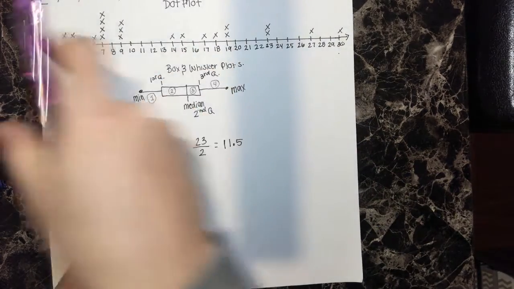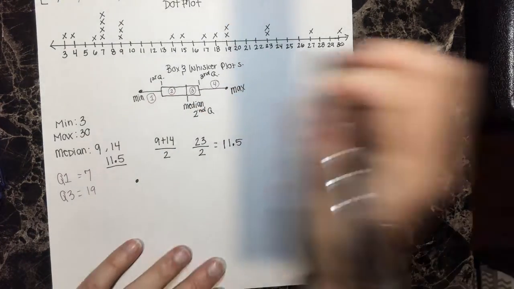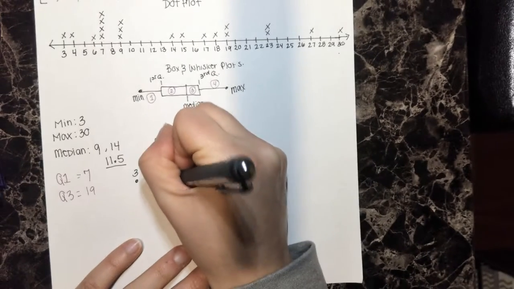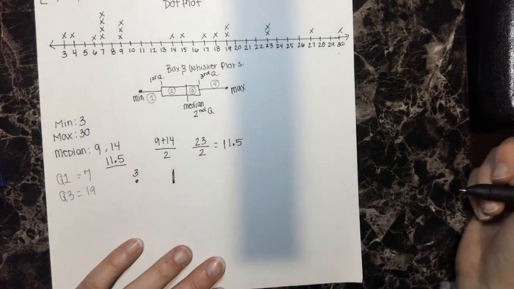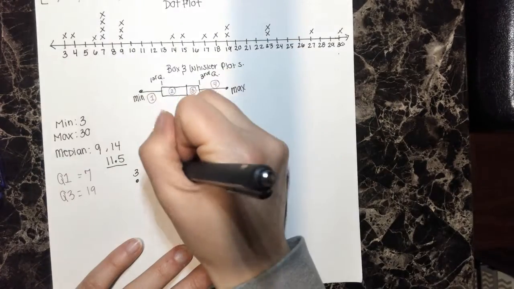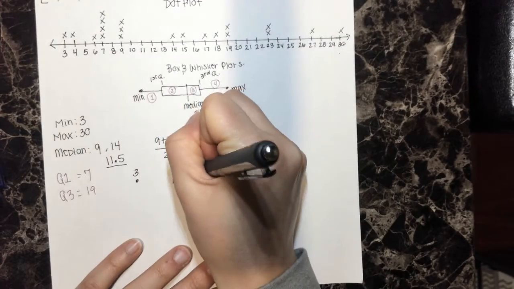You start with your minimum. It's a dot. The minimum is 3. My first quartile is where the box is going to start. My first quartile is 7. It goes all the way to your median.